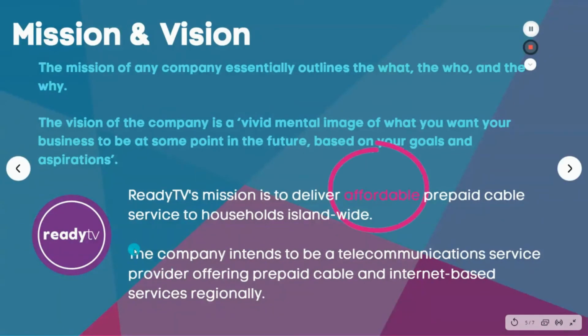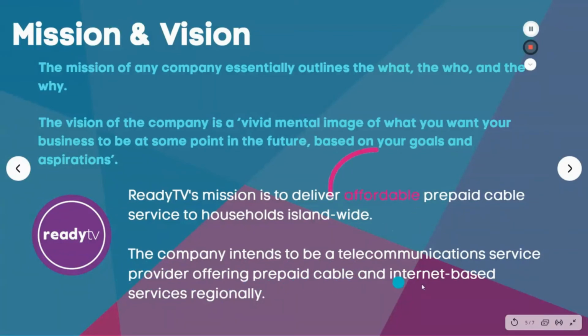That is the way you differentiate yourself from your competitors, and that is the way you offer value to your customers. The next bit of information that I pulled out from ReadyTV, and that I thought would be useful for this exercise, is this statement right here. The company intends to be a telecommunications service provider offering prepaid cable and internet-based services regionally.